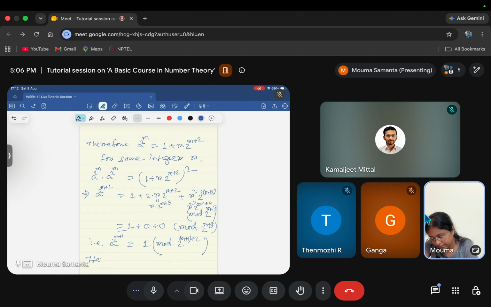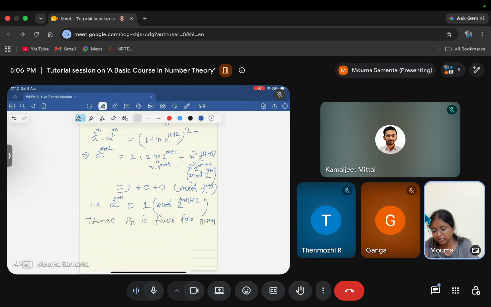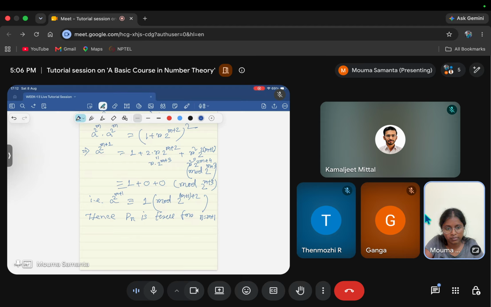Hence Pn is true for n equals m plus 1. So assuming Pn is true from 1 up to m, we have shown that Pn is true for n equals m plus 1.